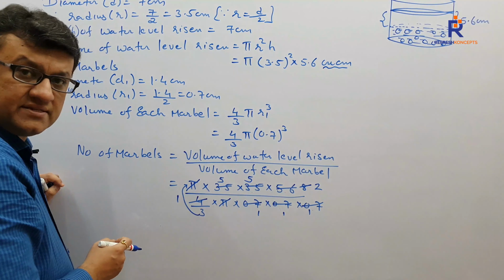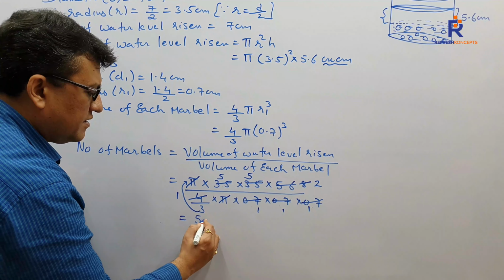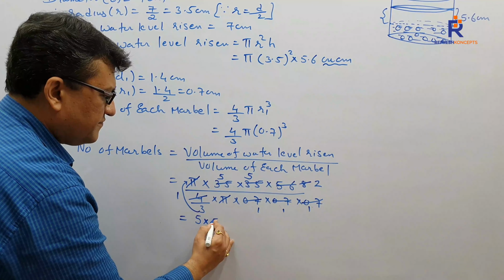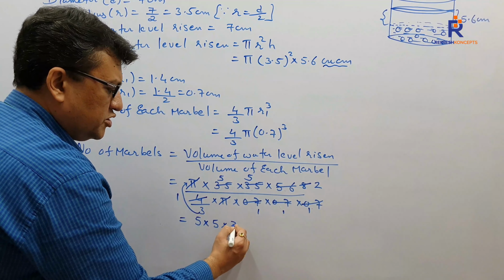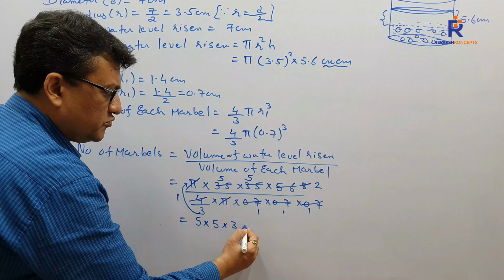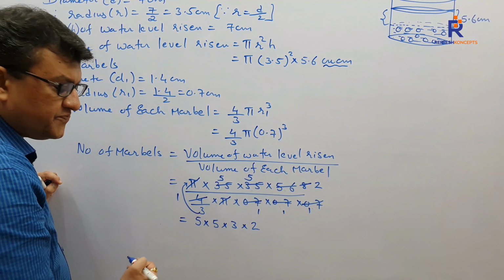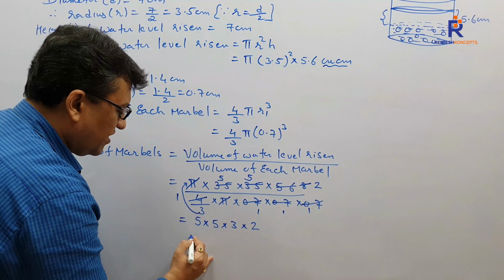Now are we done? Completely. So what our answer is, 5 into 5 into this 3 when it goes up into 3. Mind you, this 3 will go up. So 5 into 5 into 3 into 2. 5 fives are 25, 25 threes are 75, 75 twos are 150.